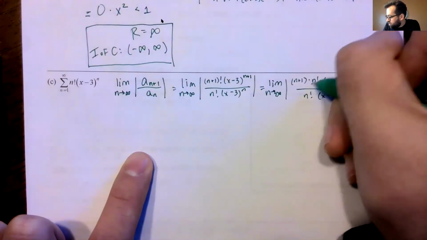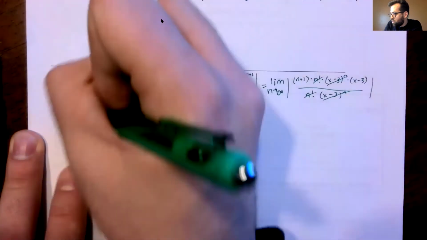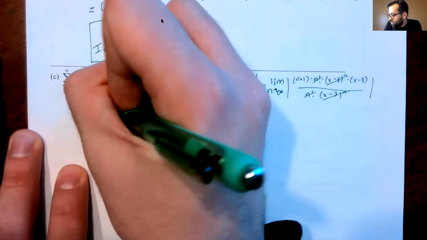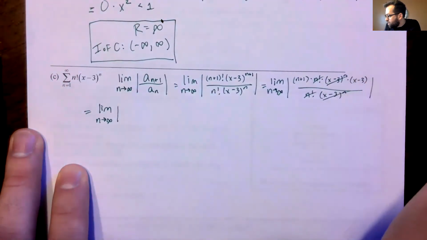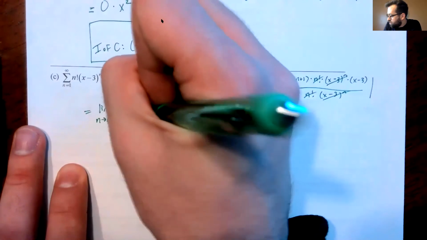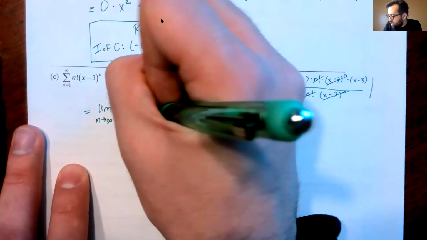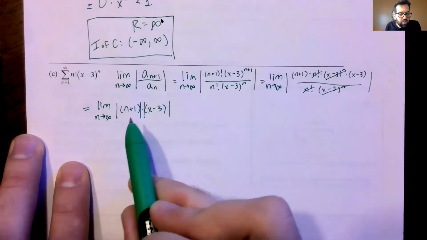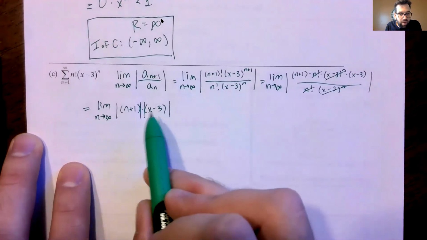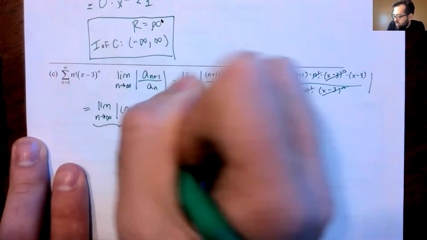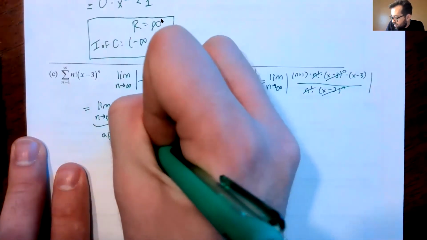And now the n factorials cancel, the x minus 3 to the n's cancel, and we're just left with the limit as n approaches infinity of the absolute value of n plus 1 times x minus 3. And we could separate this like that. So the n plus 1 portion is going to be approaching infinity no matter what x is. You can see that right here.